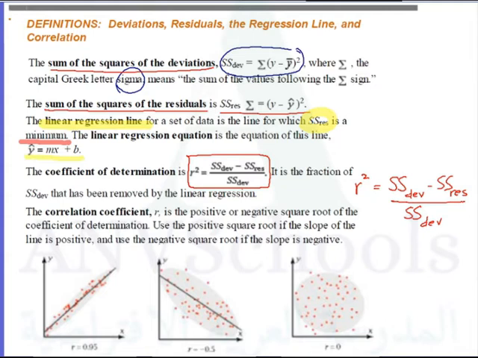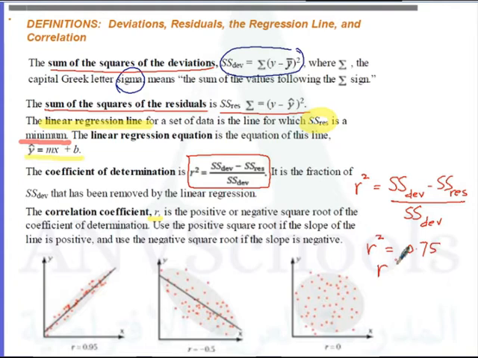The correlation coefficient R is the positive or negative square root of the coefficient of determination. For example, let's say my coefficient of determination is 0.75.